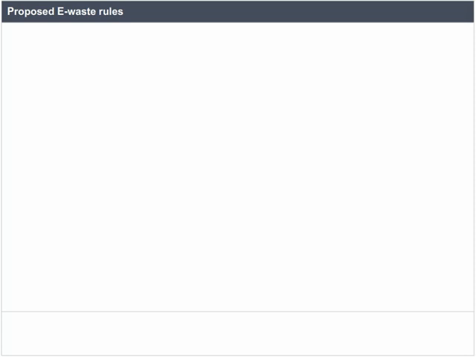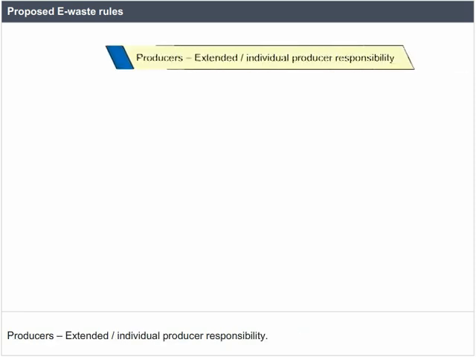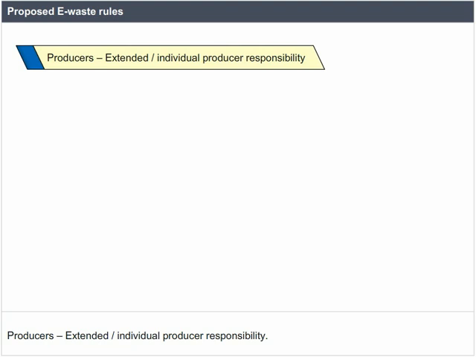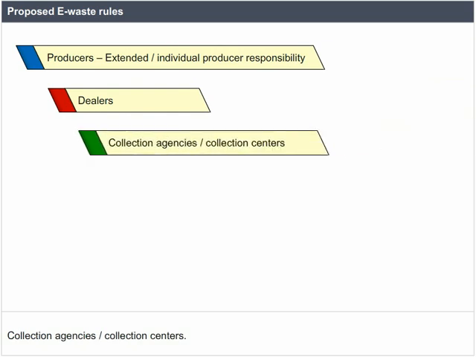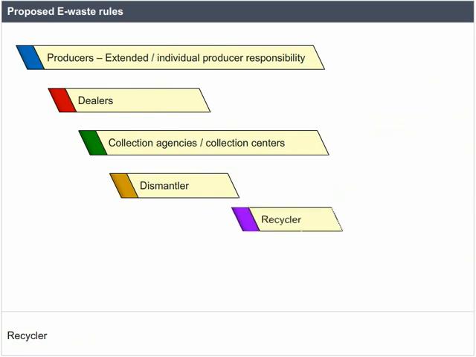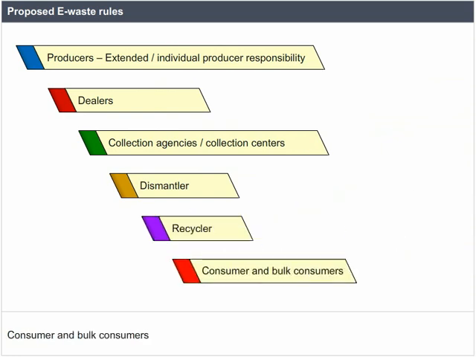Proposed e-waste rules. Responsibility of each element in the e-waste value chain: the producers, extended or individual producer responsibility, dealers, collection agencies or collection centers, dismantler, recycler, consumer and bulk consumers.